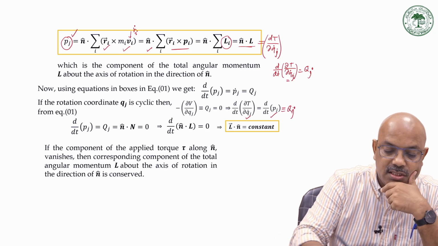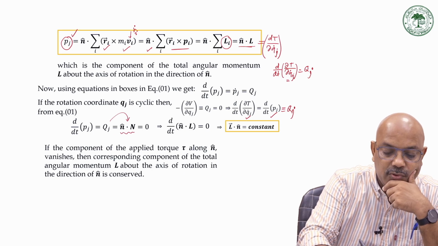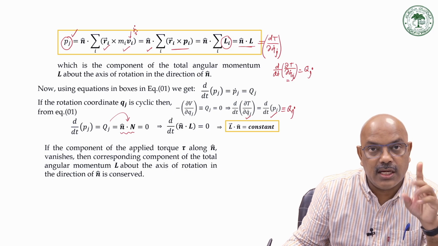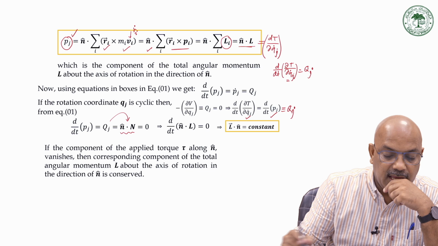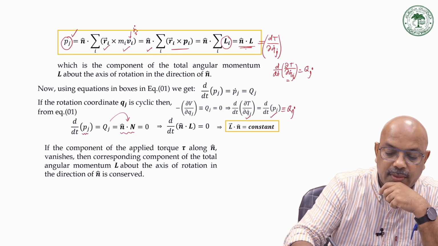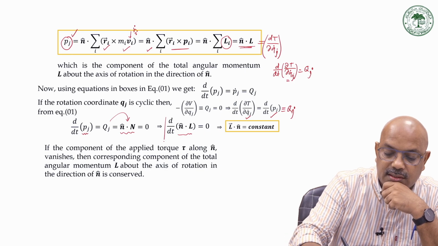So if I equate this, we have already figured out the force is nothing but the torque in the direction of the rotation, the total torque in the direction of the rotation, and then P_j is my angular momentum. So this is d/dt of P_j, and it is going to be 0.